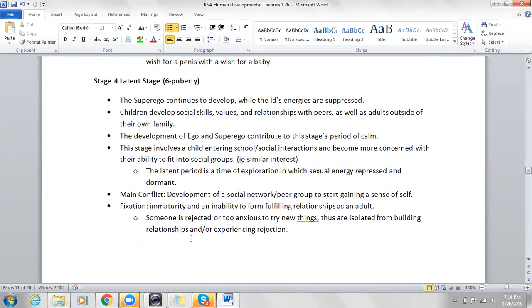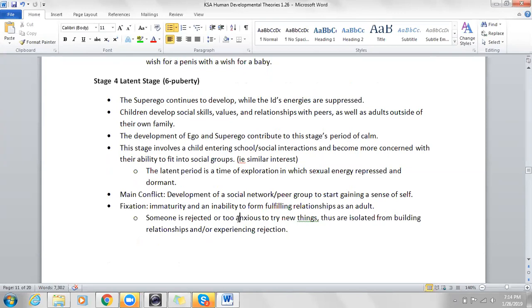So think 6 is typically the age of school. So you start developing relationships at school. So this involves the child evolving into school and getting more acquainted with people around similar interests. And the main thing here is it's a time for exploration, and their sexual urges are repressed and aren't really active.